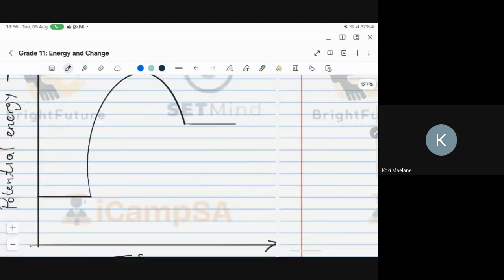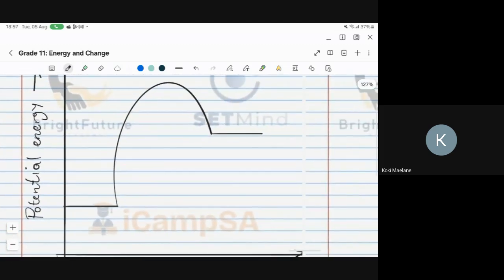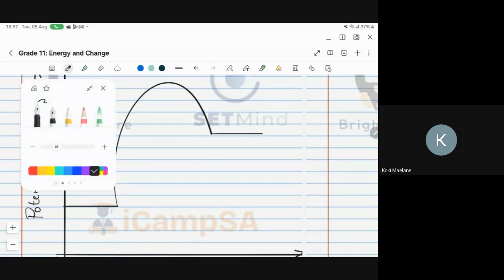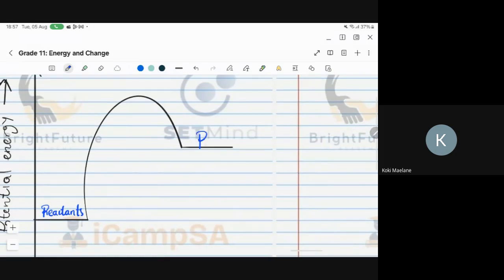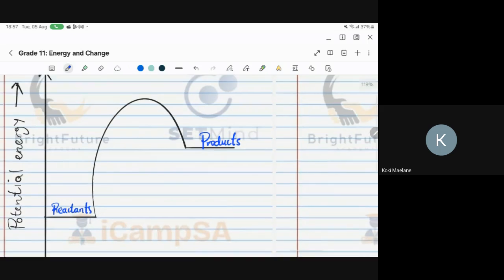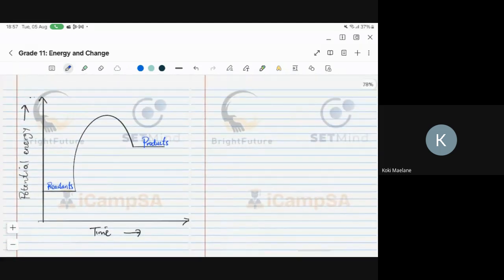So I hope you can see the difference here, right? These are still our reactants. These are our products, or the energy of our product. But now, compared to the other one we just did before, if you can check here, the energy of the product is greater than that of the reactants.